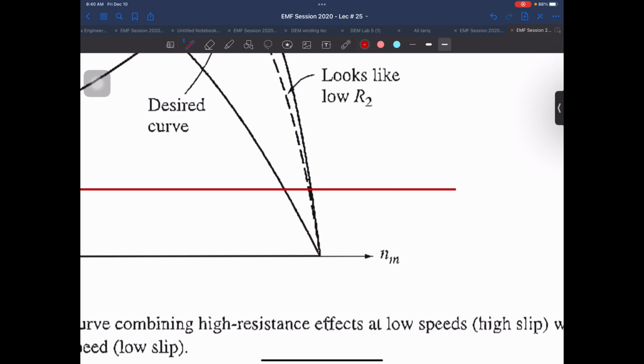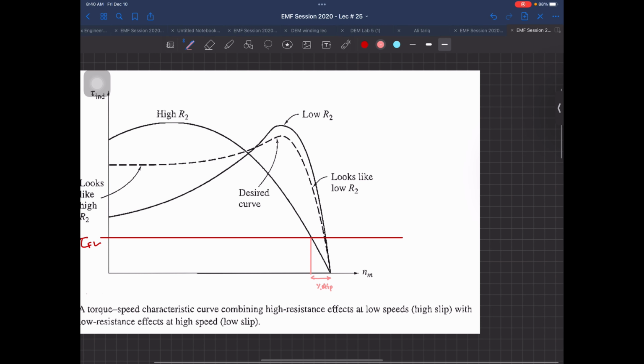But when I'm talking about the other machine, it is going to have a variation in this region over there. So this variation, this percentage slip, is very large as compared to the other machine.